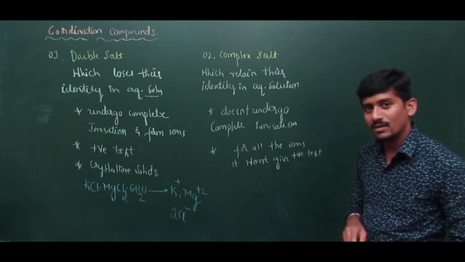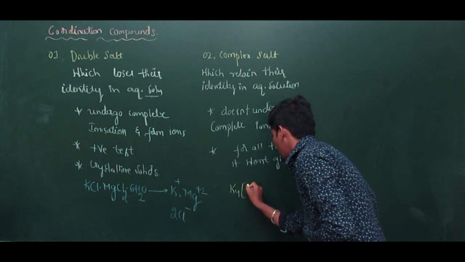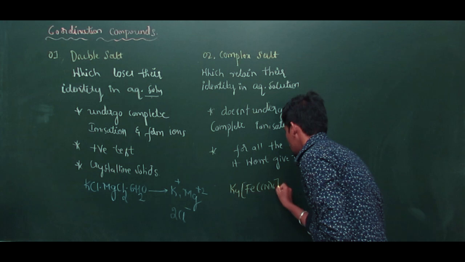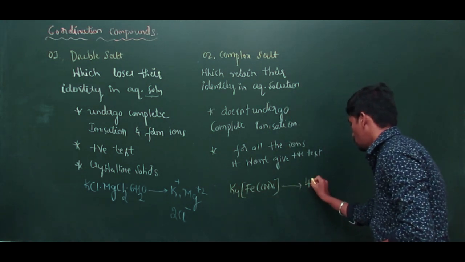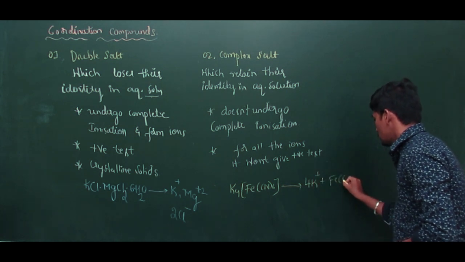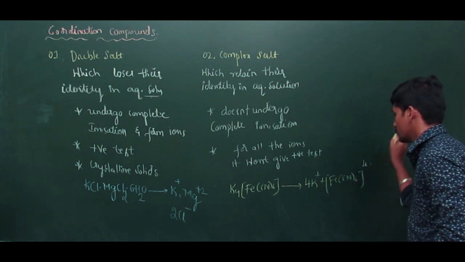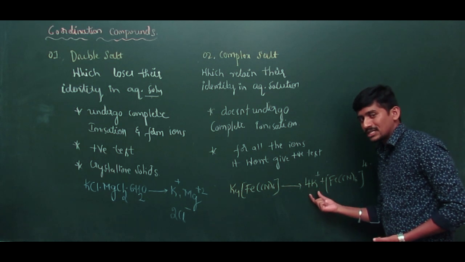After seeing the example, you can come to know that. The example is potassium ferrocyanide, K4[Fe(CN)6]. When this compound is put into water, it dissociates into 4K+ and [Fe(CN)6]4-. So the ion produced is K+.